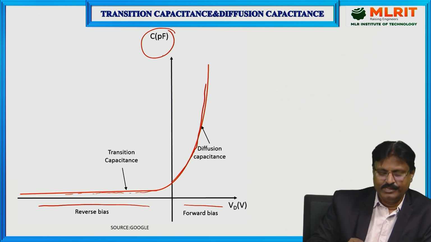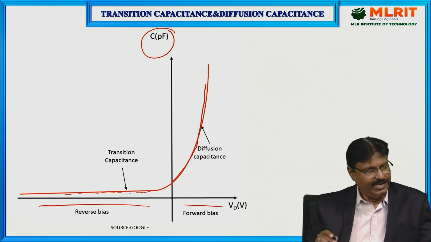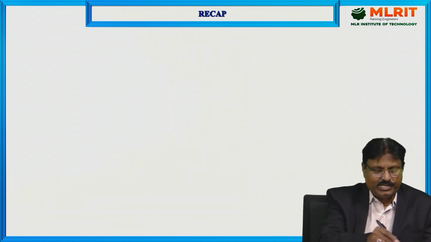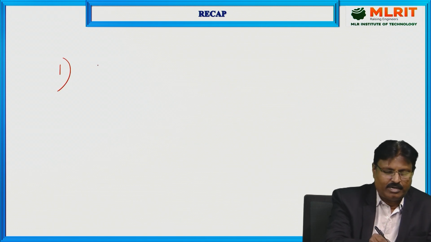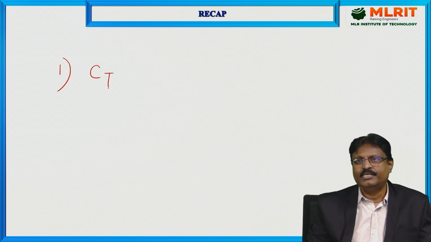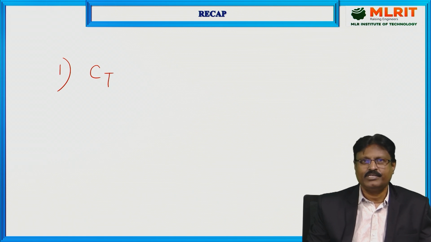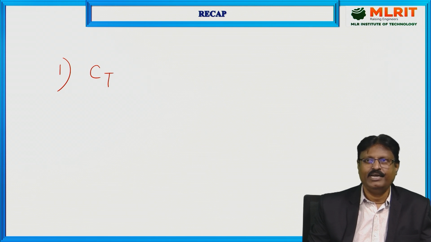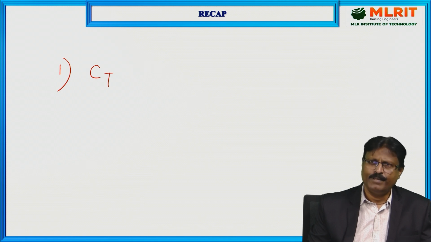Finally, let me recap. First I discussed the transition capacitance CT, which is exhibited inside the device under reverse bias. Capacitance is nothing but dq by dV. Whenever a voltage is applied, the charge inside the device varies in accordance with the developed voltage.